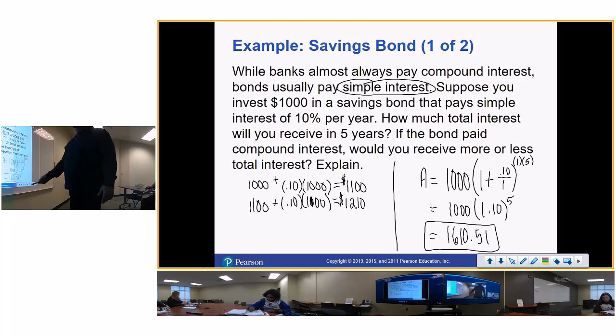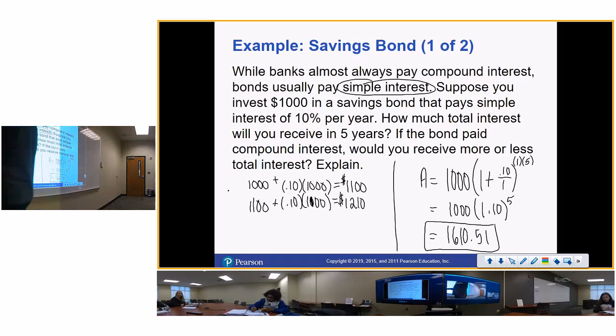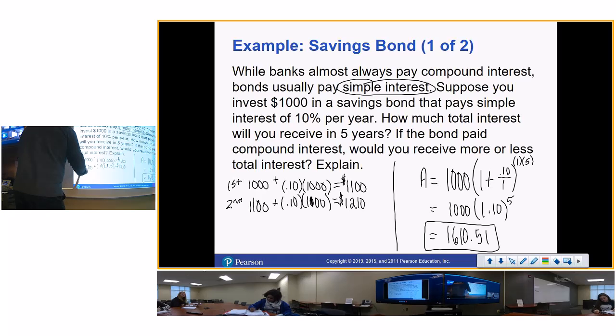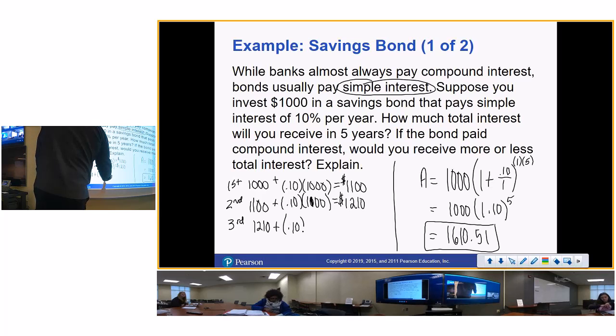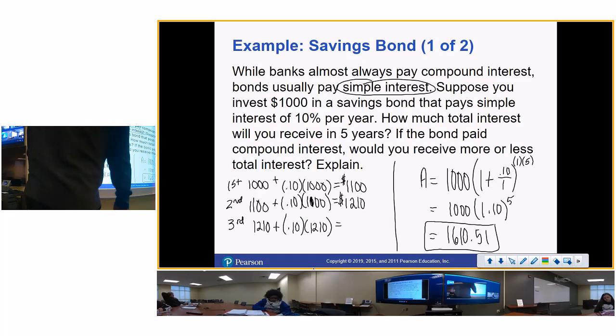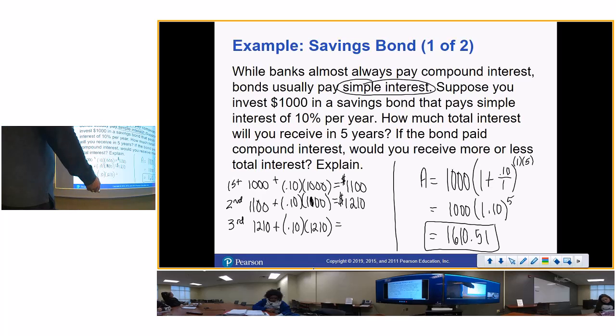But does everybody understand why you're going to do it 5 times here? This is your first year. This is your second year. Your third year is going to be 1210 plus 0.10 times 1210 is equal to, let's do that last one. What is 1210? That'd be 121, be 1331.